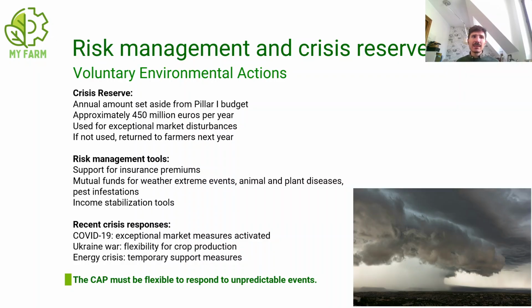So it is set up as a sort of income stabilization tool, and it is becoming more and more important in the CAP budget, because it has been acknowledged that member states must be flexible and ready to respond to unpredictable events.